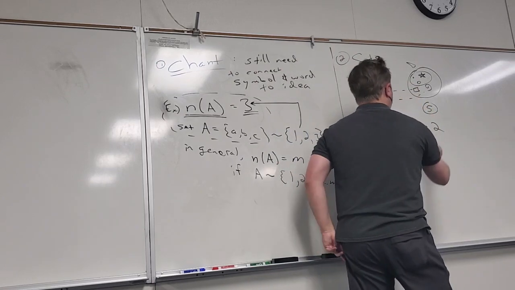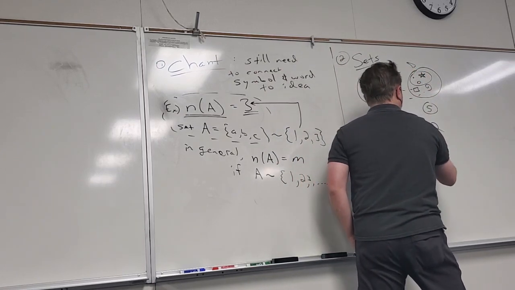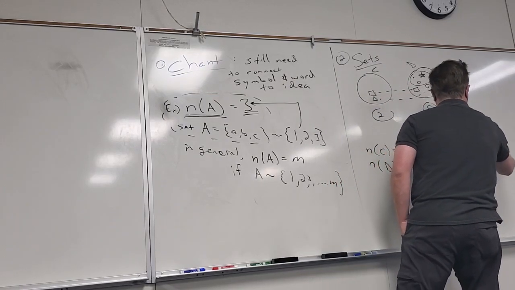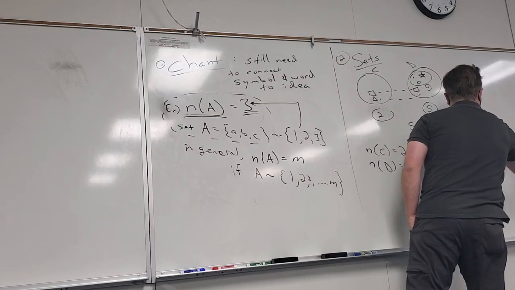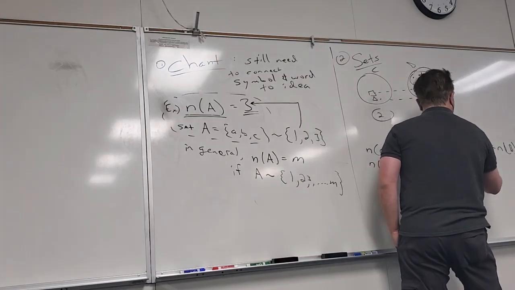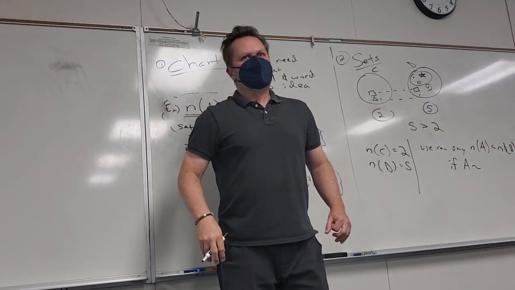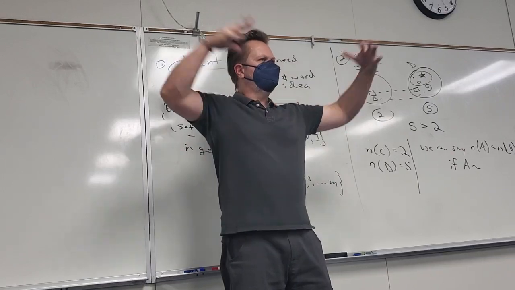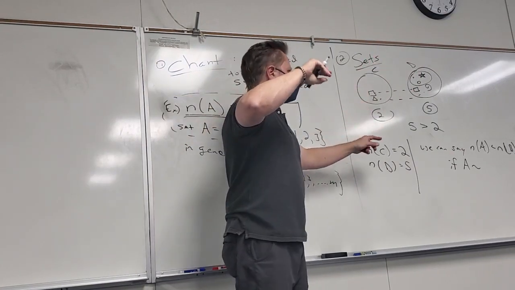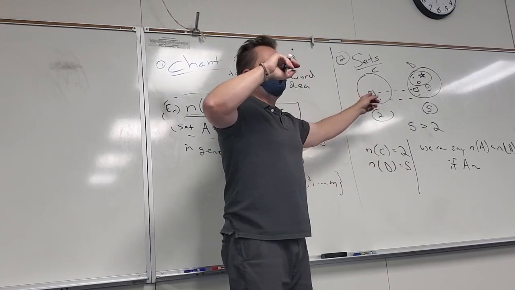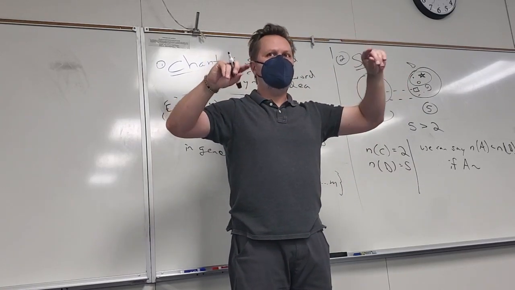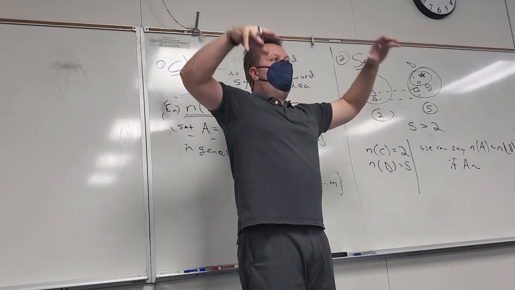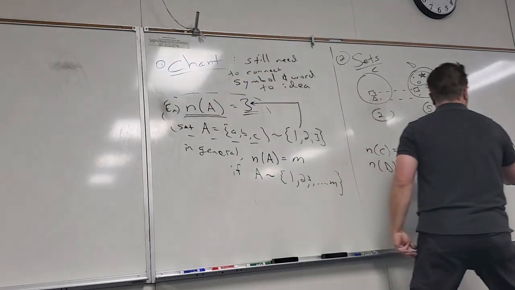So here's the interesting part. We can say that the number of things in A is less than the number of things in B if A is equivalent to a proper subset of B. This is C and D, right?